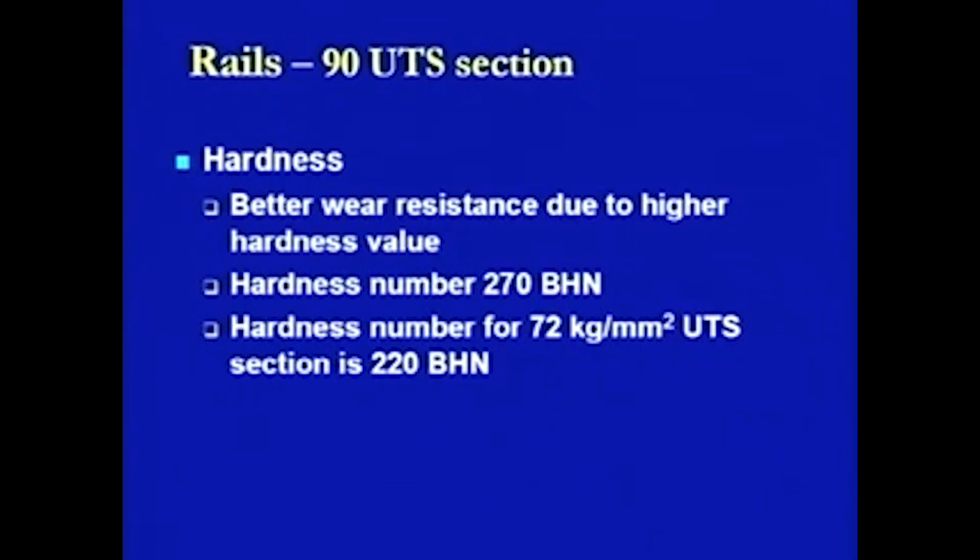This is the way of defining the hardness based on the indentation in the metal. On the basis of that, it gives a value of 270 as a hardness number, whereas in the case of 72 kg per mm square UTS rail section, this value is 220 BHN. So, it is quite higher as compared to that one.